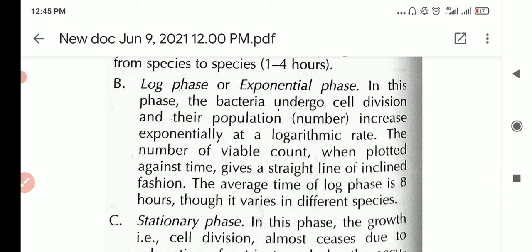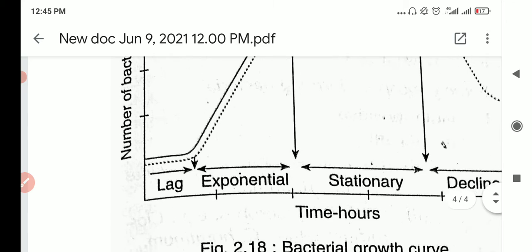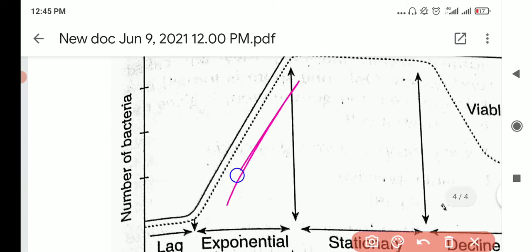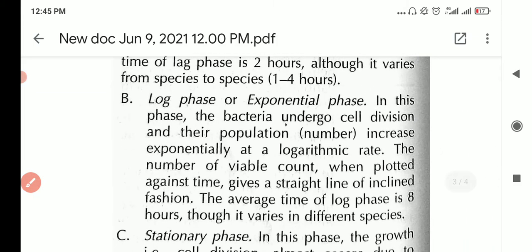Now the next phase is the exponential phase, or the log phase. This is the phase where you are really excelling in the college.